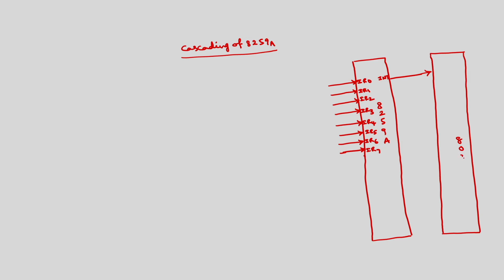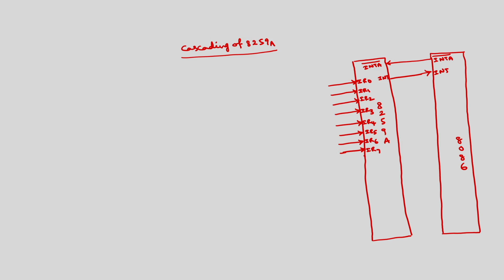This is your 8086. This INT is connected to INT of 8086. So, this INTA bar will be connected to INTA bar of 8259. So, I am showing the connections of only the important signals, how this cascading will be performed.